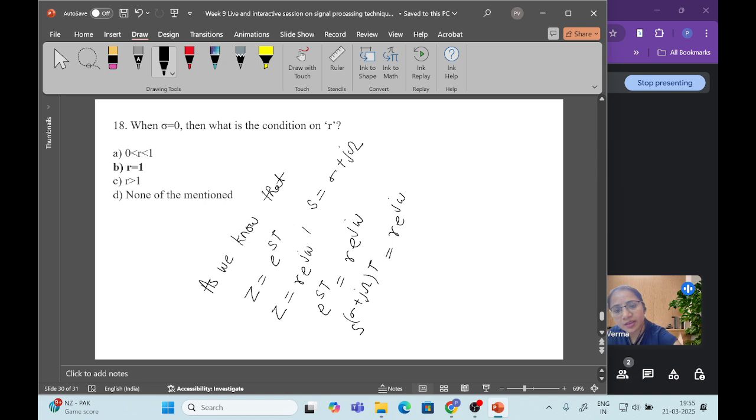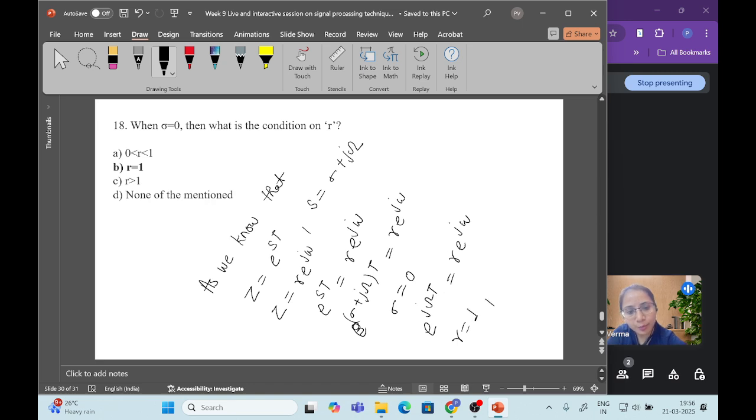Here they have said sigma is equal to 0, so put sigma equal to 0. Then e to the power j omega T is equal to R e to the power j omega. If you compare, there is nothing else on the left, so that means the magnitude is 1, which cannot be 0. So R is equal to 1.